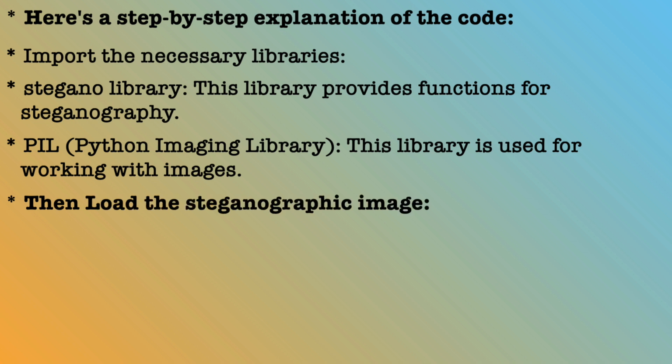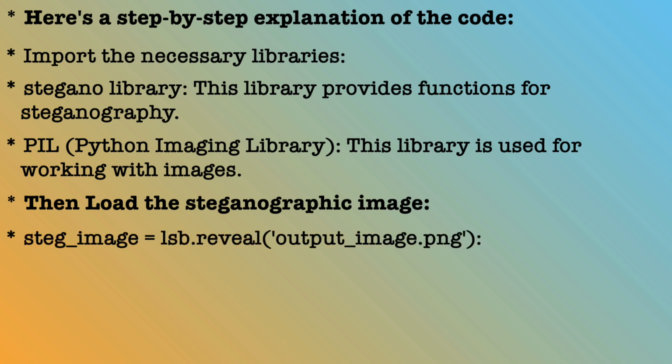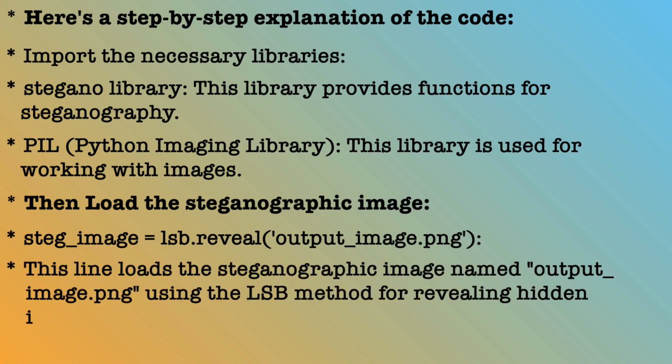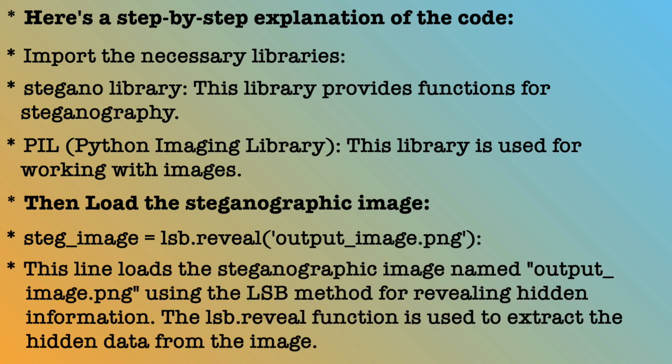So, type steg_image equal to lsb.reveal method. This line loads the steganographic image named output_image.png. Using the LSB method for revealing the hidden information, the lsb.reveal function is used to extract the hidden data from the image.